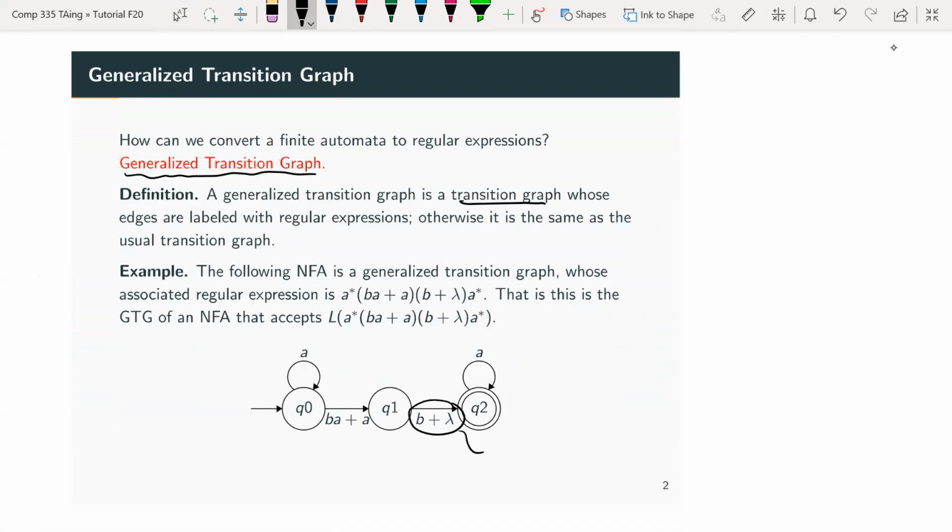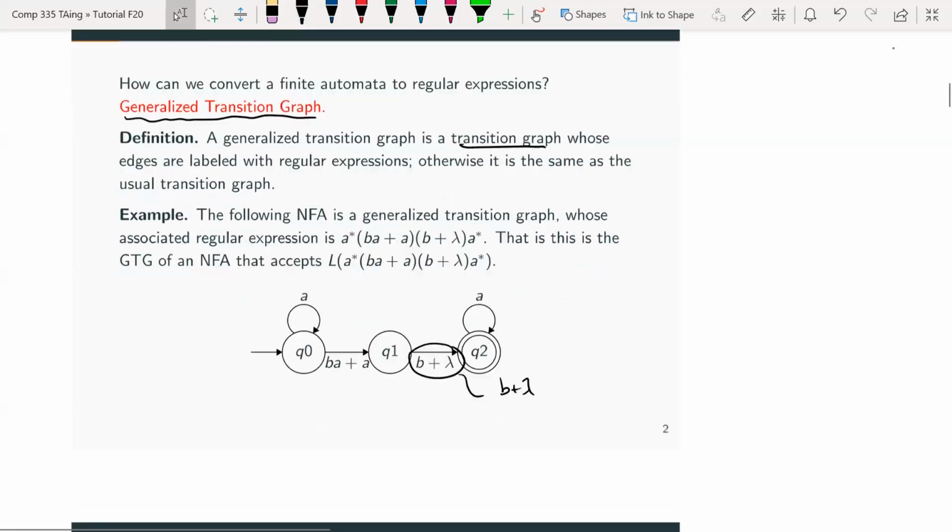So here, the edge that goes from Q1 to Q2 is a regular expression that's B or lambda. So in other words, it recognizes either the symbol B or the symbol lambda. Okay, so that's the main idea. We're going to try to utilize a general transition graph in the following slides.